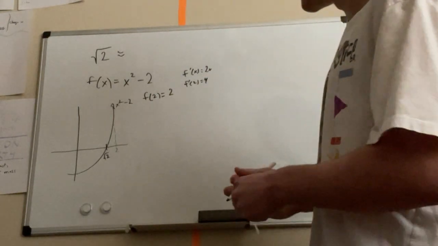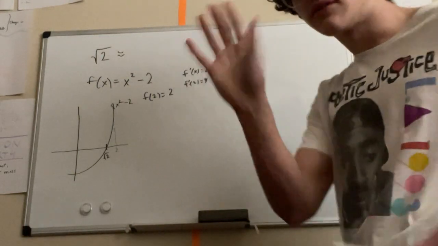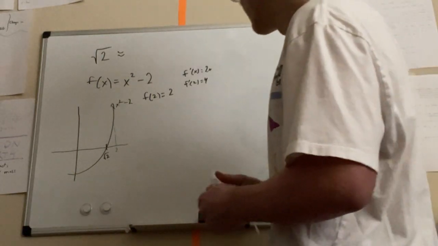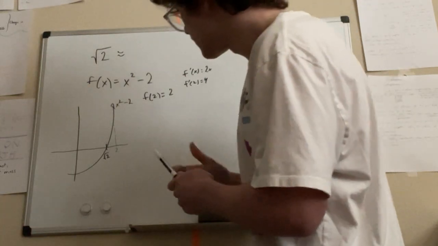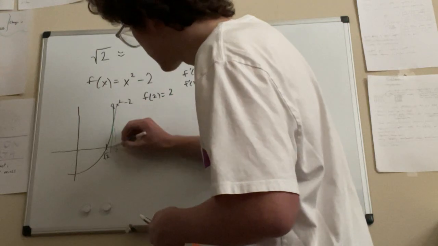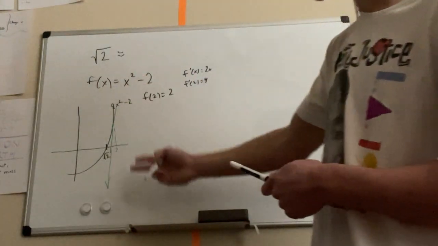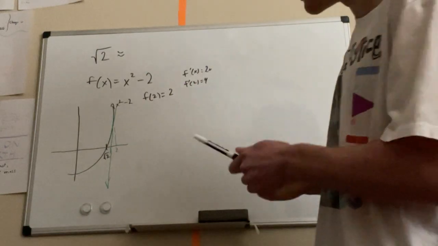So, using some math, we can find that if we want to make a line, a linear function, to represent the slope of the function at x equals 2, what do we do?